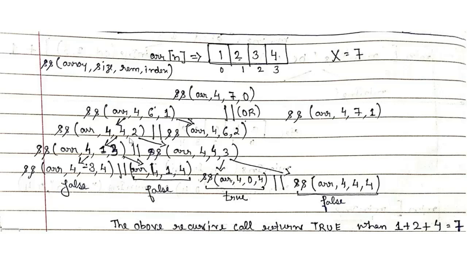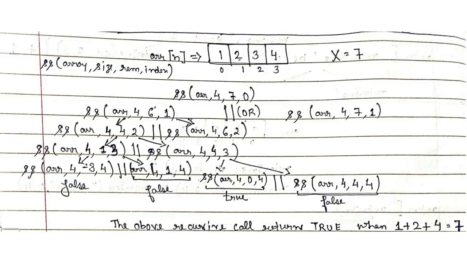Then I didn't take 3. Otherwise, if I would have taken 3, then I would have been left with 1 over here. But I am again left with 4, so I didn't include 3. Look, what was the index I was having? I was having an index of 2 over here, and an index of 3 over here, but the sum which I am trying to have is the same, 4 and 4.